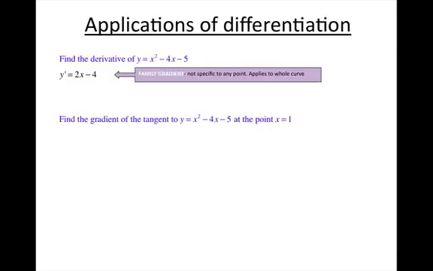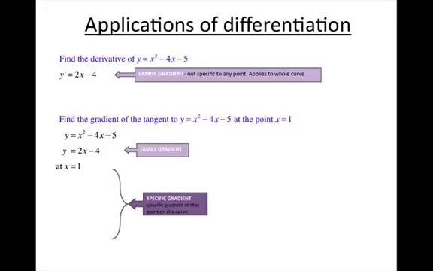In order to do that, we just write out our function. We differentiate it to get our family gradient, so that applies to everywhere in the curve. And then, if we want to know specifically at x equals 1, we sub x equals 1 into that family gradient, and we'll get our specific gradient.